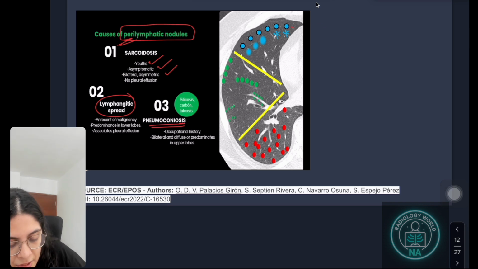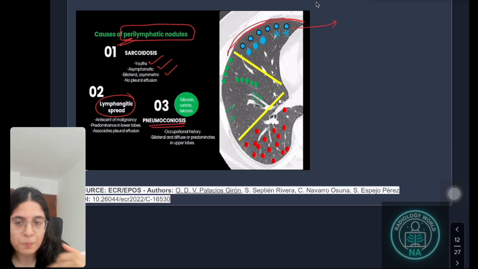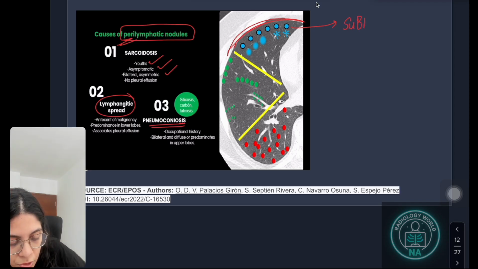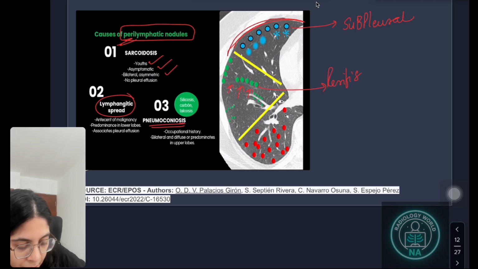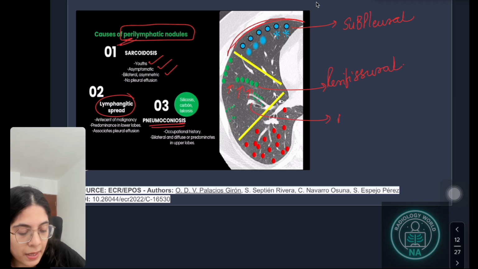If you see this image, you can see this is the pleura, the most peripheral part of the lung. So there is subpleural distribution of the nodules. Another thing is this thin line over here. This is your fissure, so this is perifissural. What is this? This is peribronchovascular.